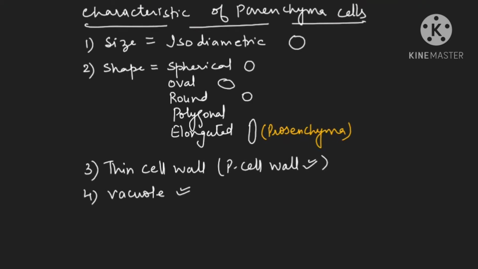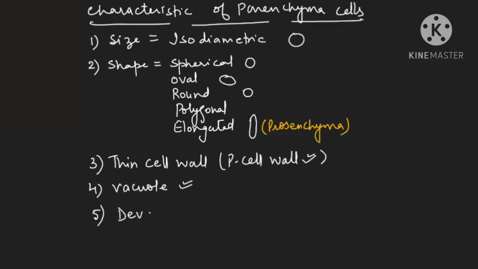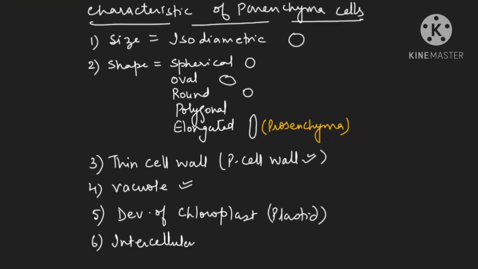Then if you see here, they are developing chloroplast. Plastid development is seen now. Intercellular spaces may be present, or very few you can say are there. So these are the characteristics of the parenchyma cells.